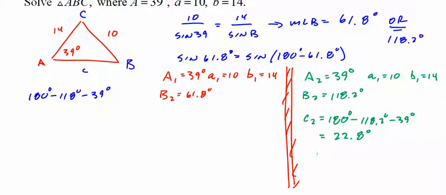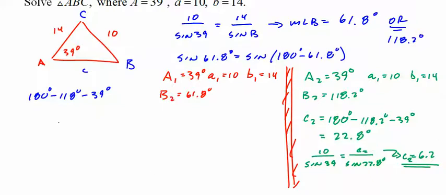So, original data, 10 over sine of 39 equals, what are we looking for? Side C over sine of 22.8. C equals 6.2. C2, little c2. So we got all six.